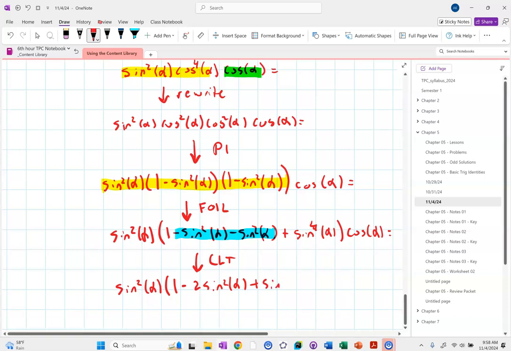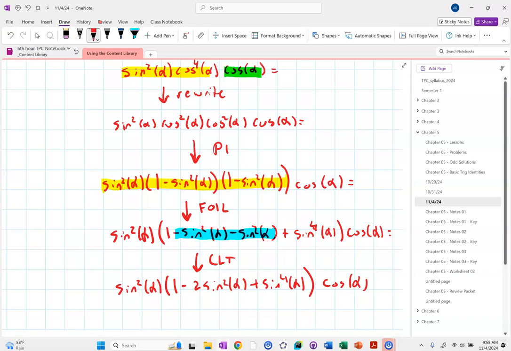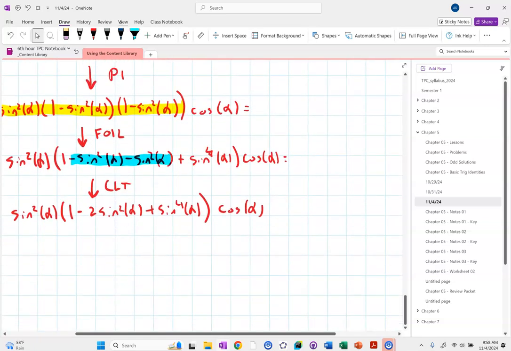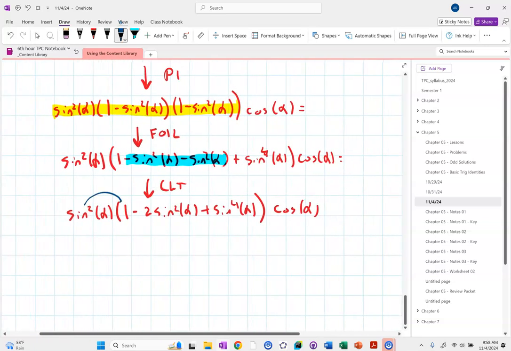But I like where this is heading because I got that trinomial piece that I'm supposed to have. The only problem is that the exponents are wrong, right? Well, that's okay because what do I still need to do? If I go back and look at my final answer, there's nothing out front of that trinomial piece, right? So, seems to me we should just distribute that sine squared through, right?